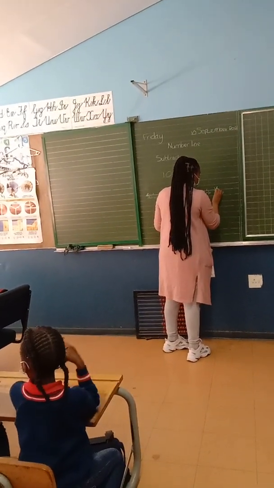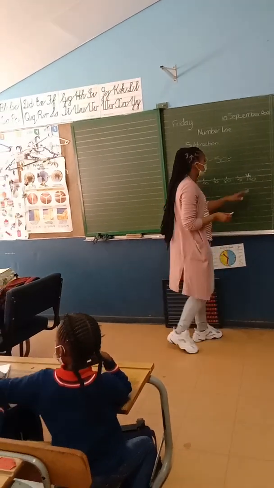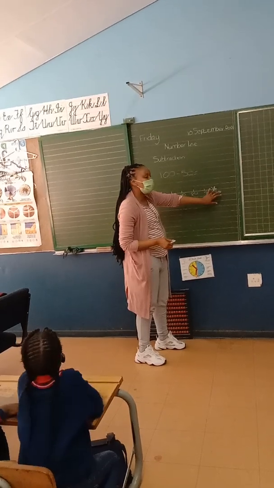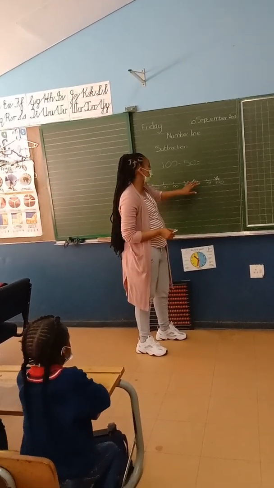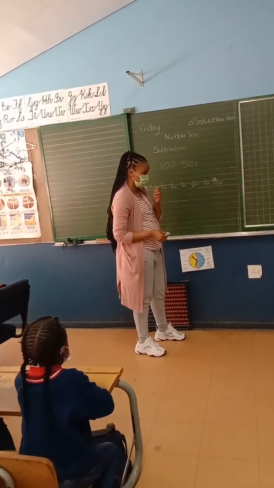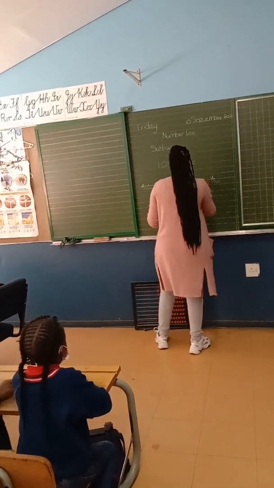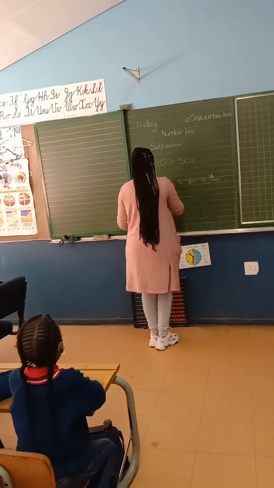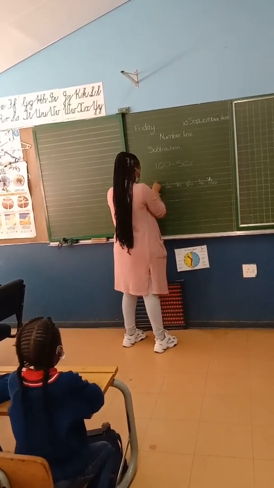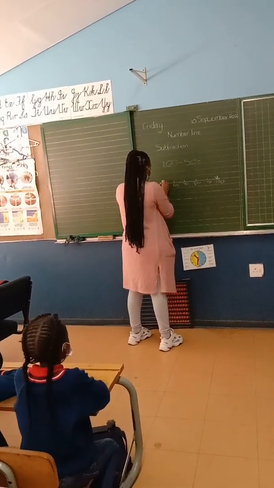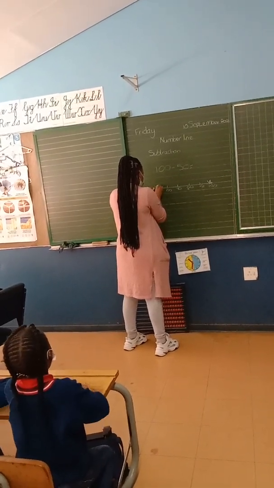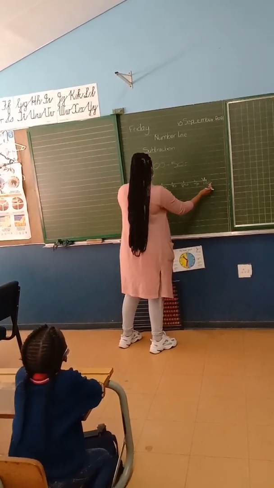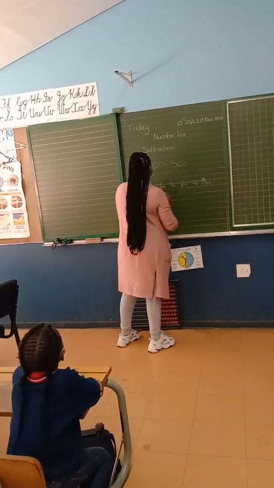Since now we are subtracting, we have 100 and we need to minus 50 to get an answer. So from here, we say 10, 20, 30, 40, 50, right? Put another arrow over here. So now we have our 100 and our 50.